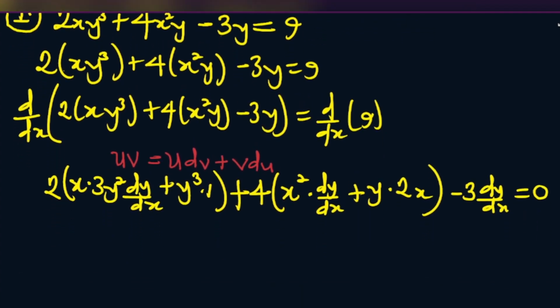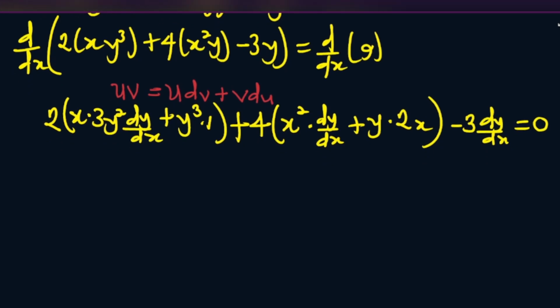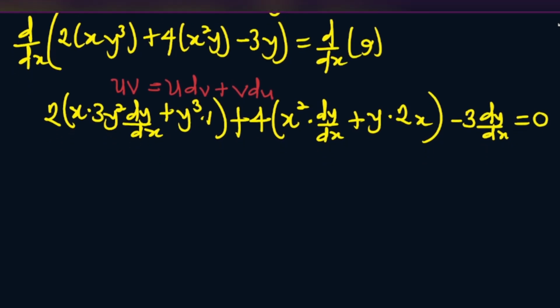So how do we complete this solution? We will open our bracket here, everything we have. Opening everything, it will become 2 times 3, we have 6. But remember, there's x and there's y squared here. So 2 times 3 gives 6, x times y squared gives x y squared dy dx.